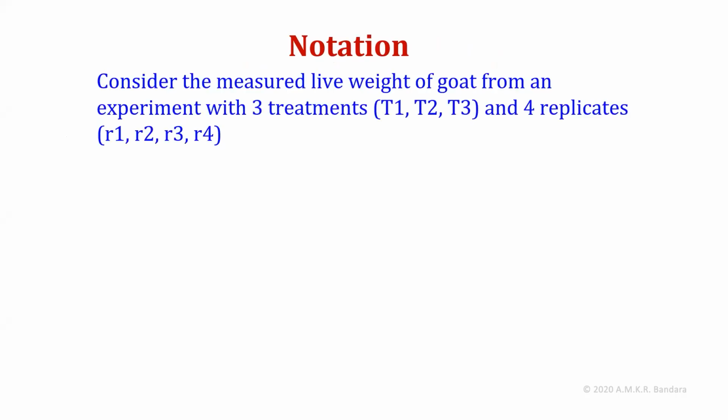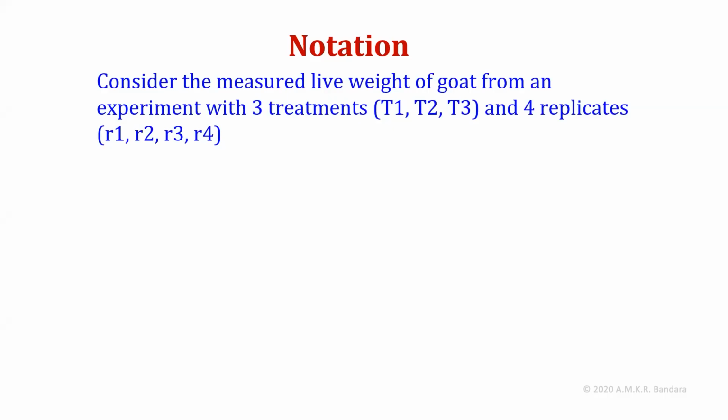First, we need to familiarize ourselves with the notation. Consider the measured live weight of goats from an experiment with 3 treatments, denoted as T1, T2, and T3, and 4 replicates.